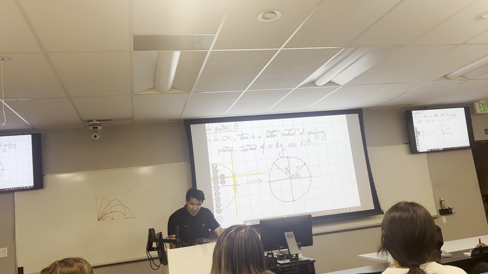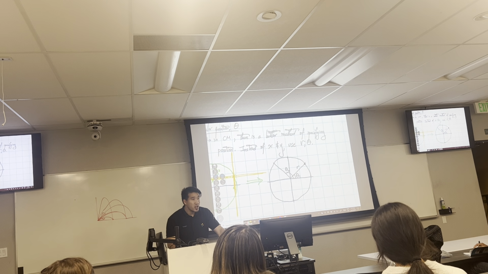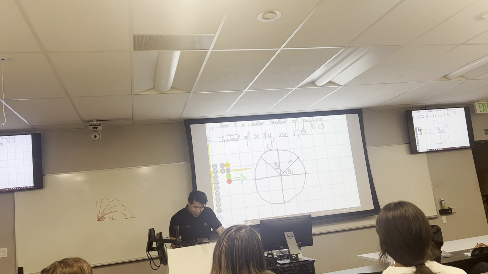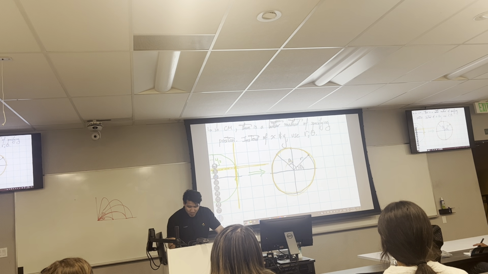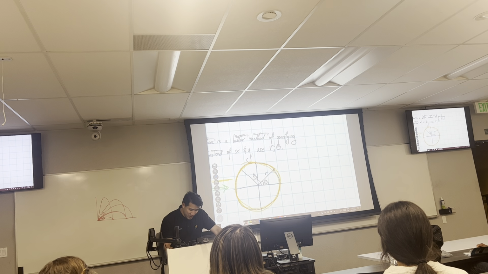And that is also the same case with r and theta. When you specify the r, you're specifying this circle. If you specify a slightly smaller r, it will be this circle, but in this case, we're specifying this r. And then when you specify theta, you're specifying this line.